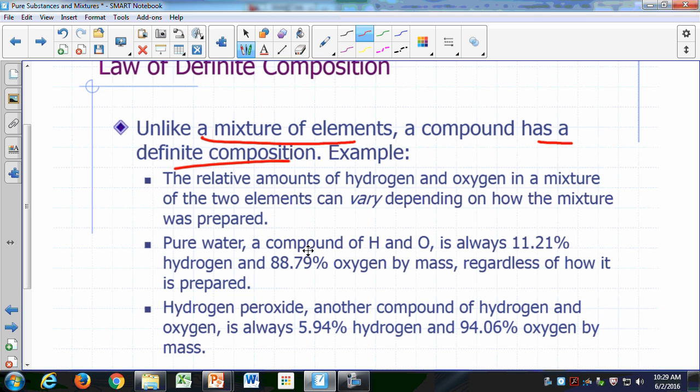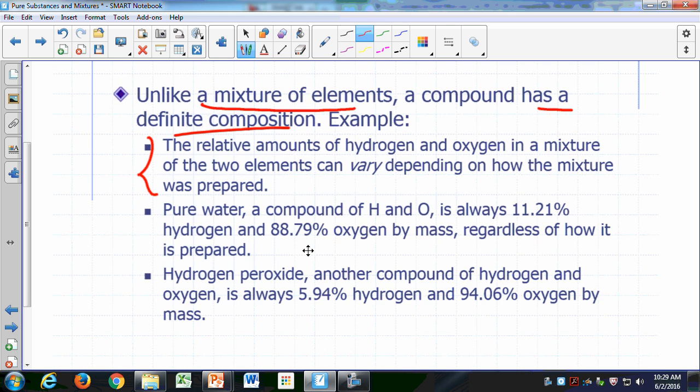If you had a mixture of hydrogen and oxygen, let's say you have a mixture of those two elements, well, the relative amounts of hydrogen and oxygen will vary depending on how you prepare the mixture. Whereas pure water is a compound that's made up of hydrogen and oxygen.